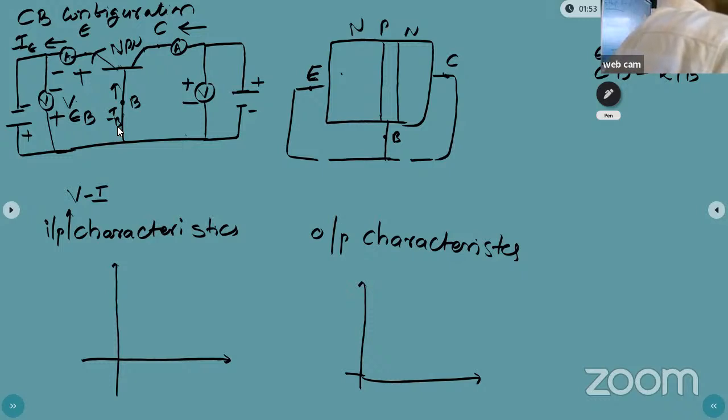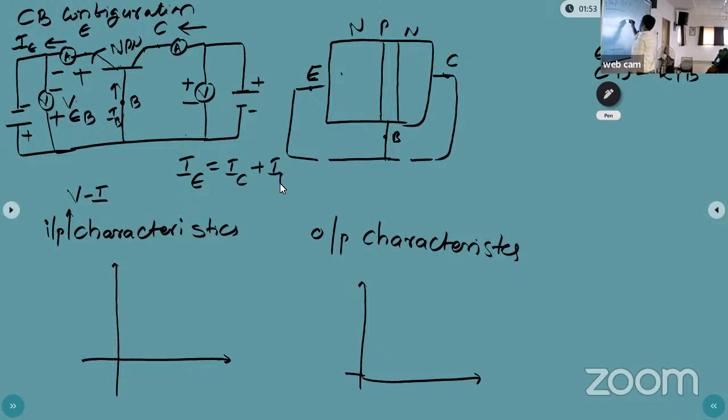Then what is the equation for the current expression? Here also the current IE is equal to IC plus IB. The emitter current IE is equal to IC plus IB.